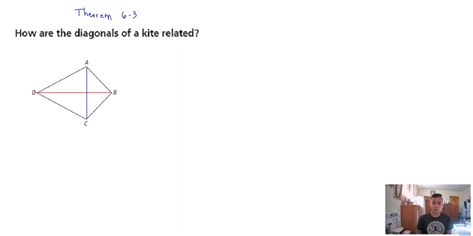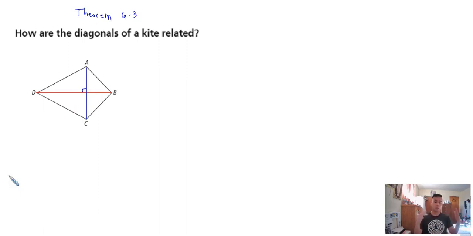Based on Theorem 6-3, the diagonals of a kite form 90 degrees, or they are perpendicular to each other, meaning everything here is 90 degrees.